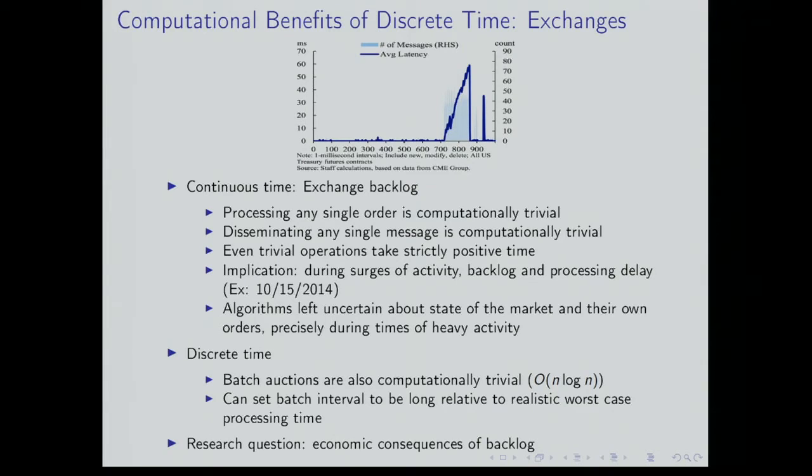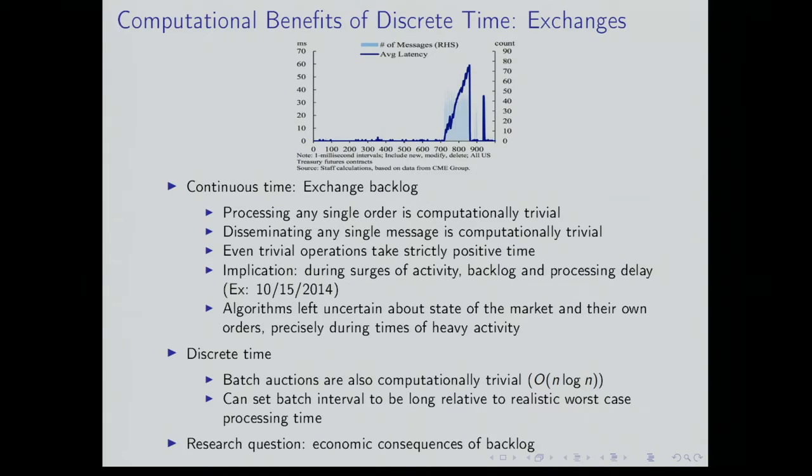An implication is that when there's a lot of activity, exchanges might get backlogged. This is a graph showing the backlog that the Chicago Mercantile Exchange faced during the Treasury market flash crash last October. What this means is that algorithms are left uncertain about the state of their orders and the state of their market precisely when there's a lot of activity, precisely during times of duress.